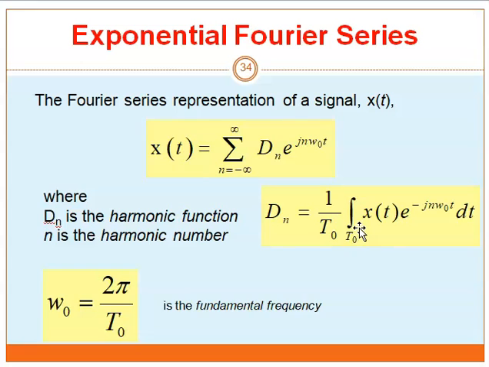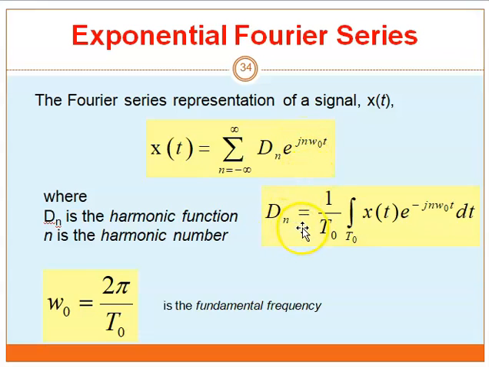The Fourier series representation of a signal x(t) in exponential form is shown by this equation: x(t) is equal to the summation of Dn, the harmonic function, where n is the harmonic number, times e^(jnω0t).